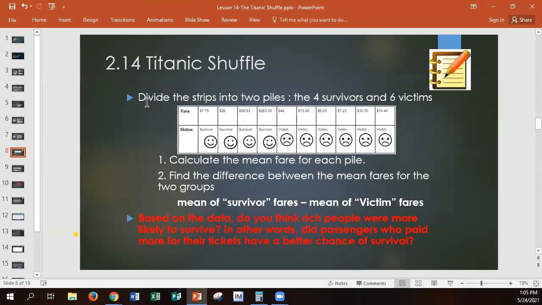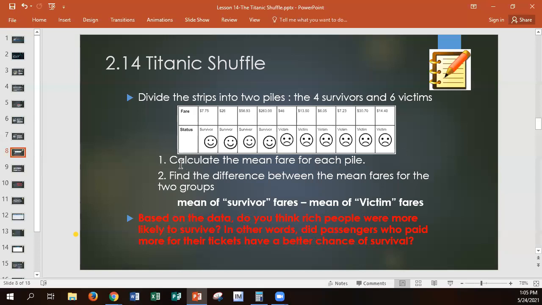All right, so what we're going to do is, on this strip here, we're given 10 passengers of the Titanic. Because the Titanic had a 40% survival rate, out of these 10 we have 4 survivors and 6 victims. 40% lived, 60% died, so out of 10, 4 would live and 6 would die.